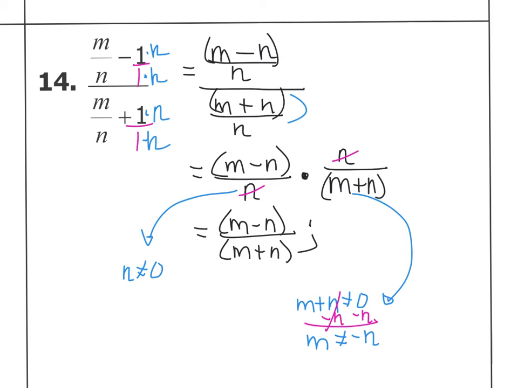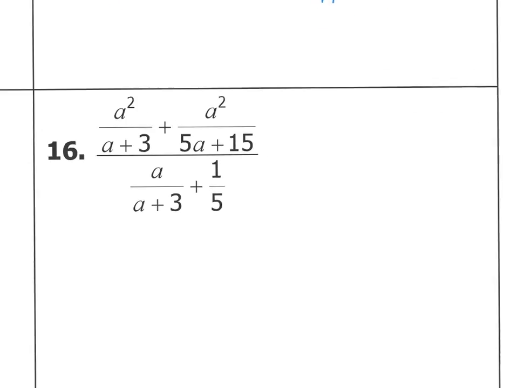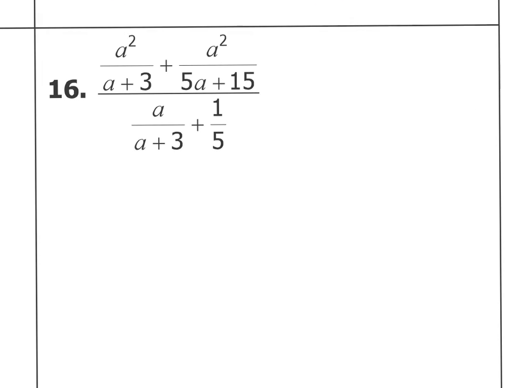We're going to have 2 separate ones where n cannot equal 0 and m cannot equal a negative n. Now you could have chosen to solve for n, and if you had solved this for n, you would have just had n cannot equal negative m. And so you could have had n cannot equal 0, comma, negative m. Either one is acceptable. Okay, last problem, and then I'll give you the answers to 13 and 15.